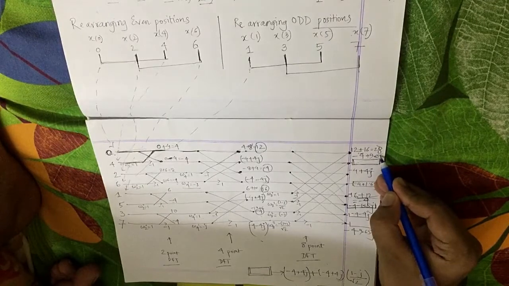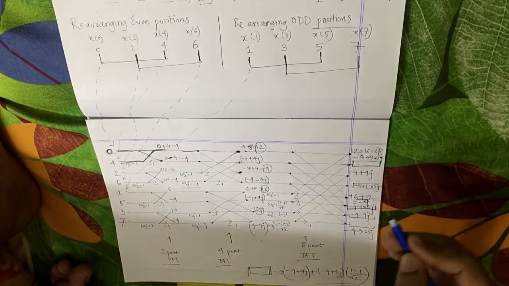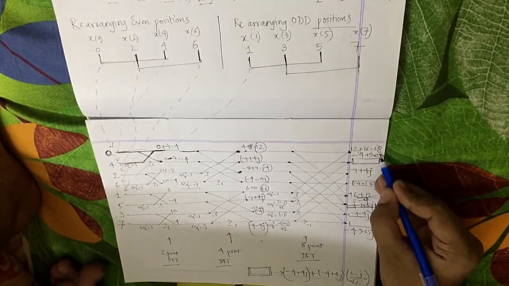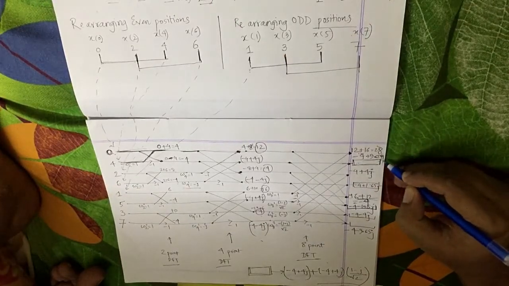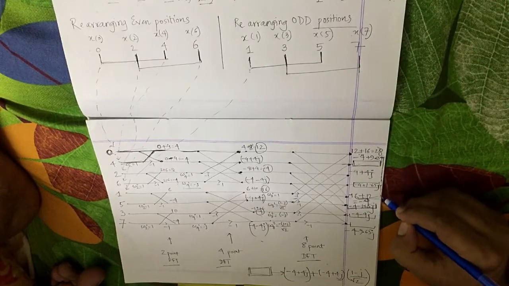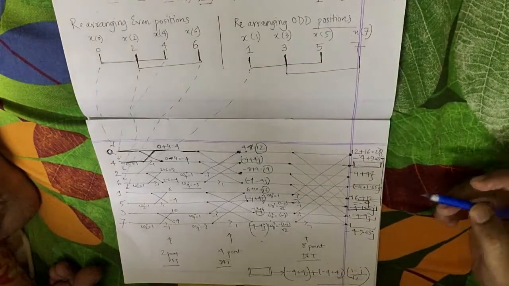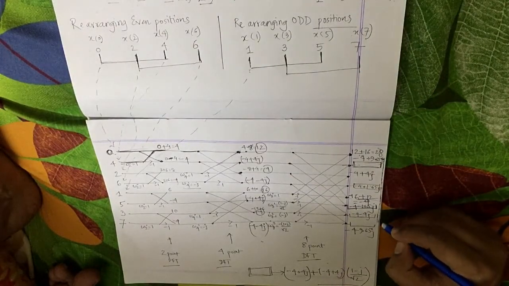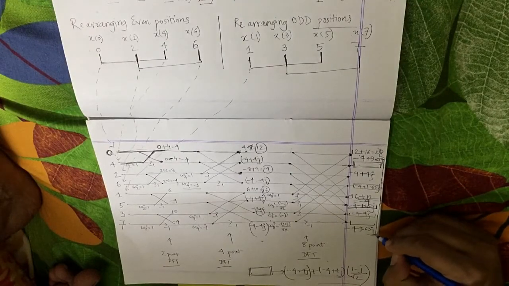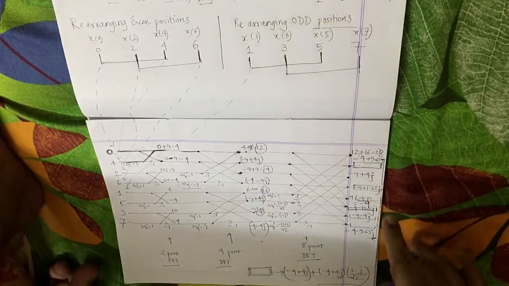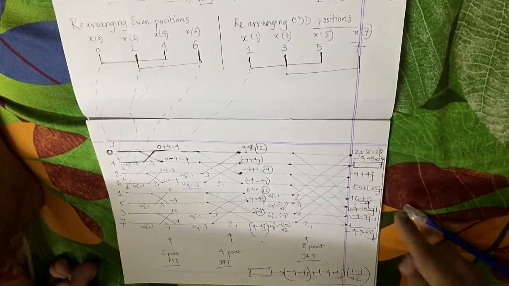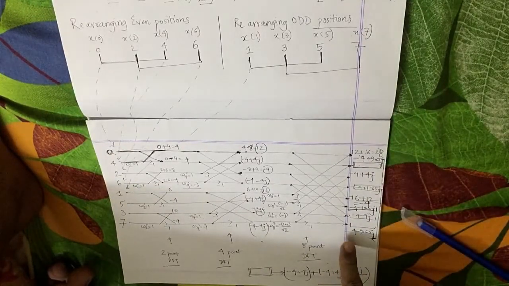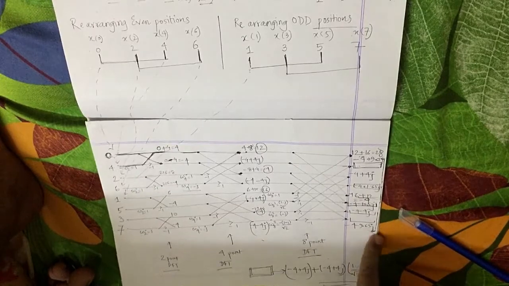So this should be, not enough space is there, so it is getting a little bit hazy. So this line should match with the second line, should match with the last line. You see, in the second line we have minus 4 plus 9.65j, but in the very last line we have minus 4 minus 9.65j.